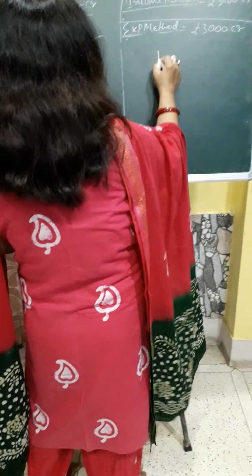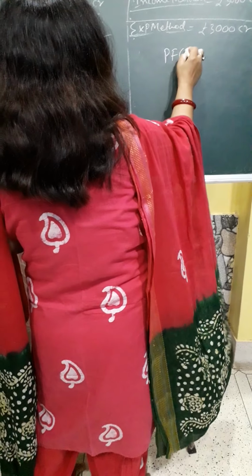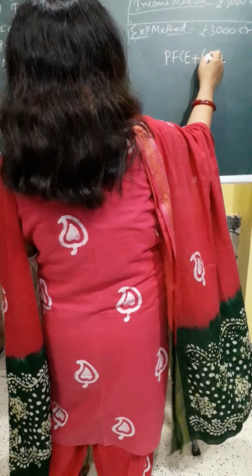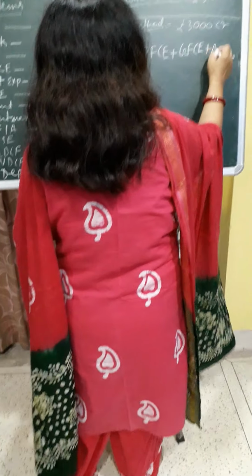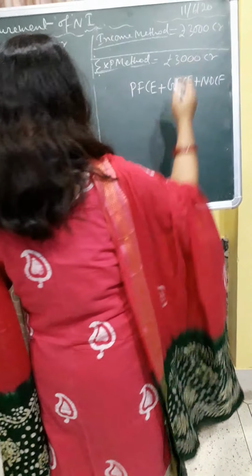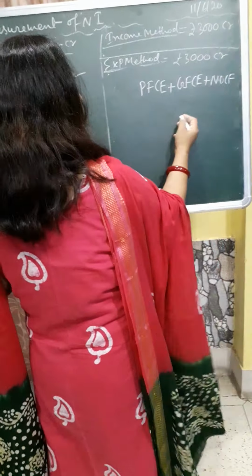Now you write here: private final consumption expenditure plus government final consumption expenditure plus net domestic capital formation plus net export. You write in such a way: PFCE, GFCE, NDCF because GDCF is not given, plus net export.